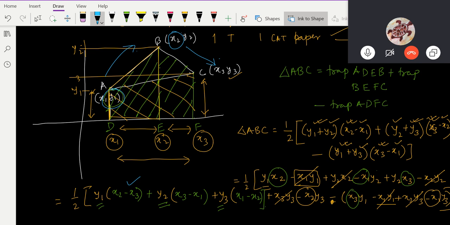Now go to the second point, which is B. Move clockwise: Y2 into X3 minus X1. Come to the third term, Y3 into X1 minus X2.